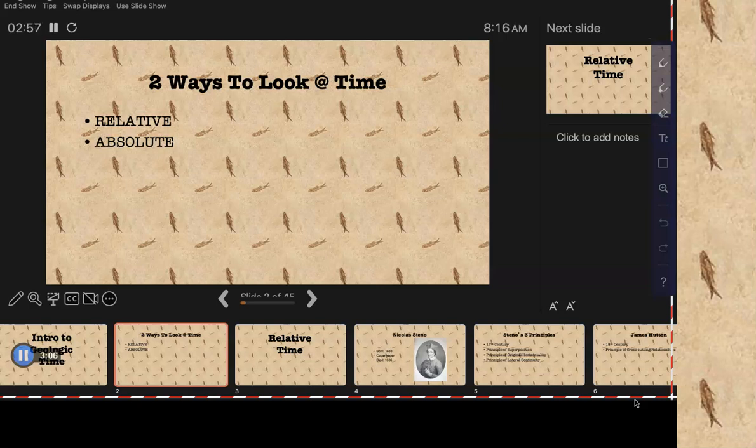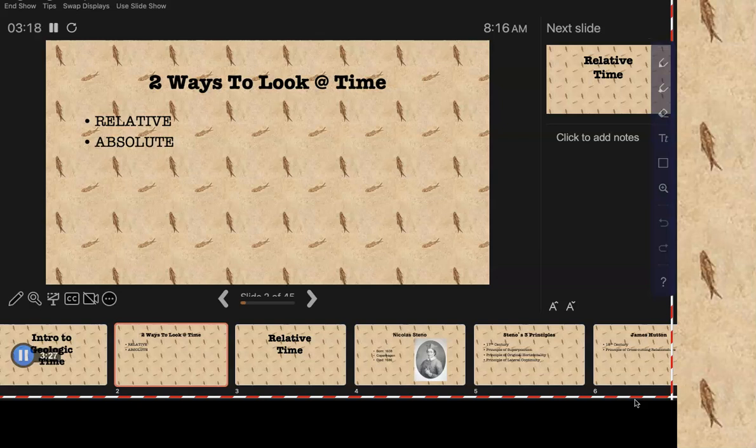We're putting numbers. Absolute is numbers, okay? Relative, on the other hand, would be that he is older than she is, but they're both younger than that guy is. All right, it's comparative.